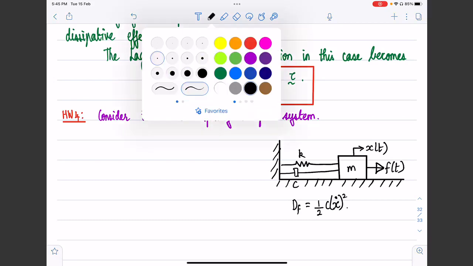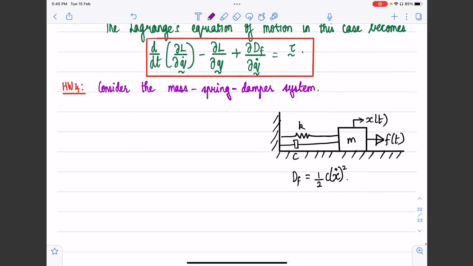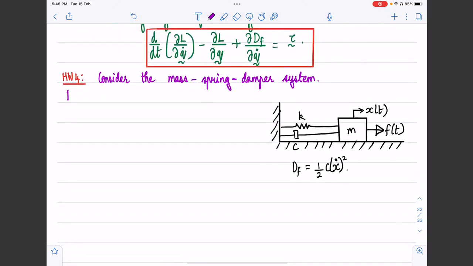So what is it that I want you to do? I want you to derive the governing equation of motion using both formulations.